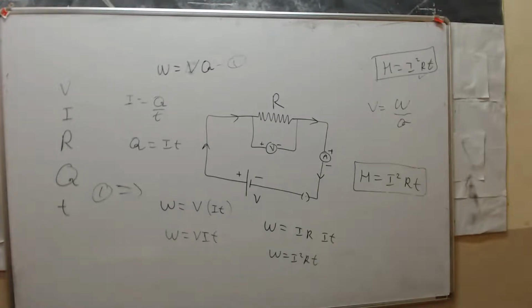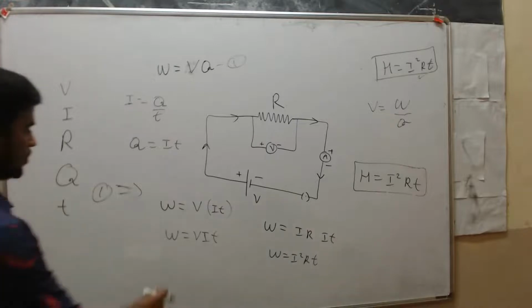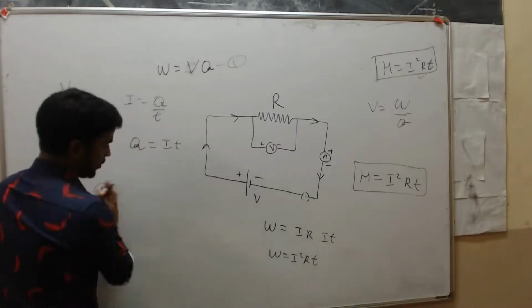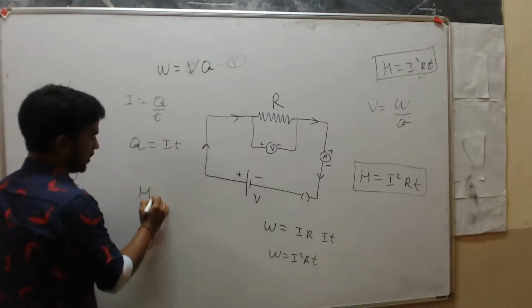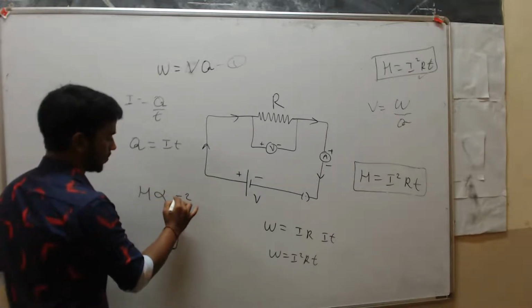Okay. So here heat produced in a resistor or conductor is directly proportional to the square of current for a given resistance, directly proportional to the resistance for a given current, and directly proportional to the time for which the current flows through the resistor. Okay, so no need to add, just keep in mind H is directly proportional to I square.